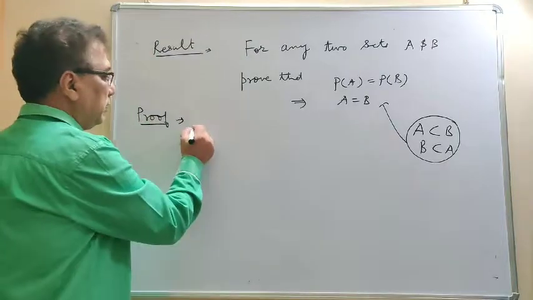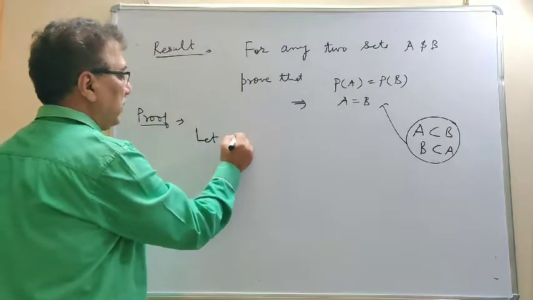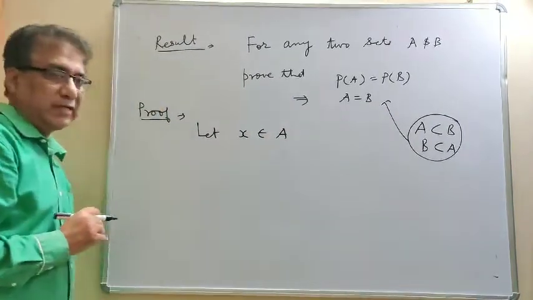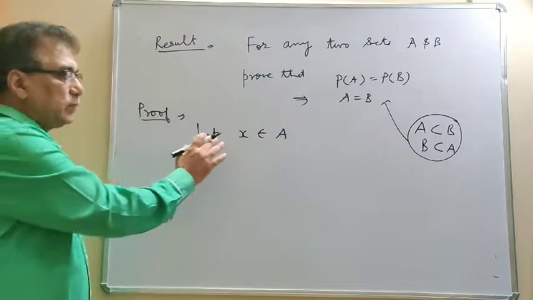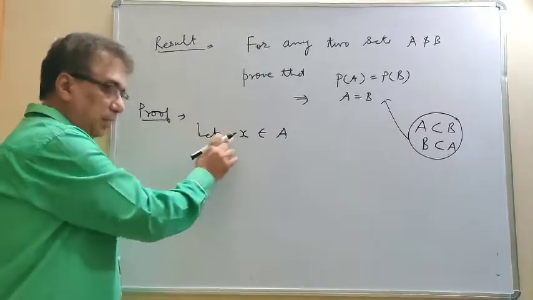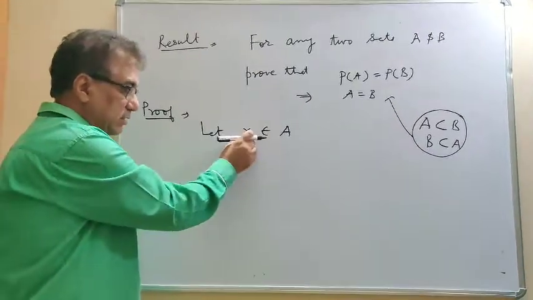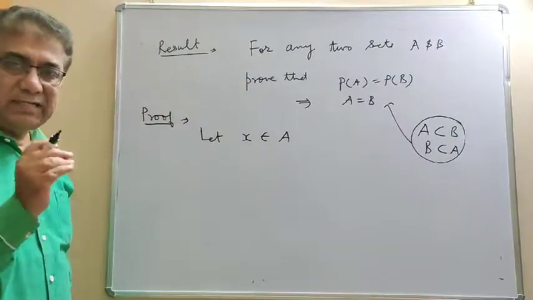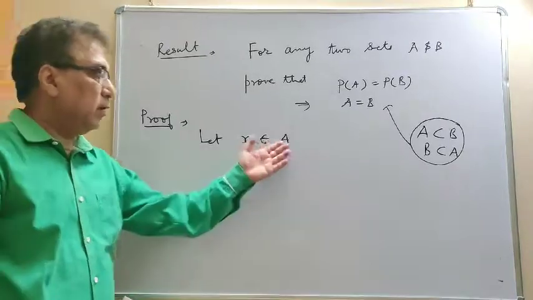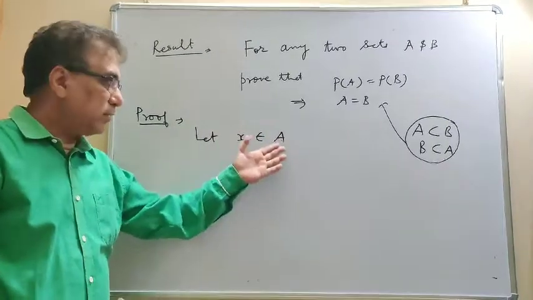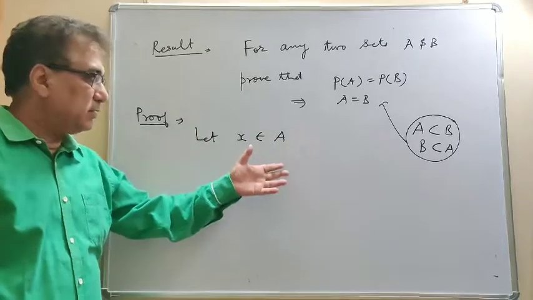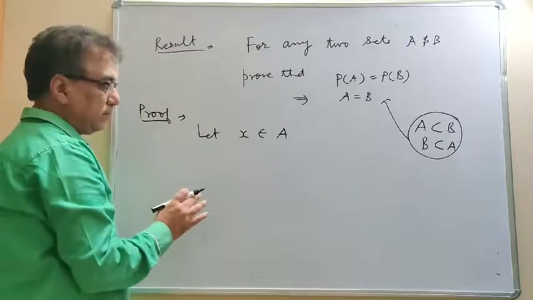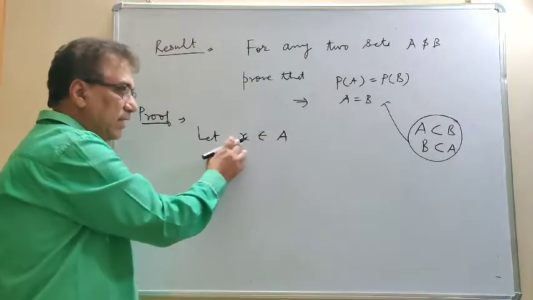So let us take any element of A, small x. x belongs to A. Then x must be a member of at least one subset of A, because all the subsets of A contain the elements of A. So there is at least one set which is a subset of A and contains x.